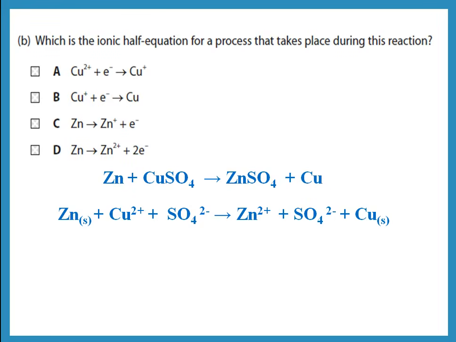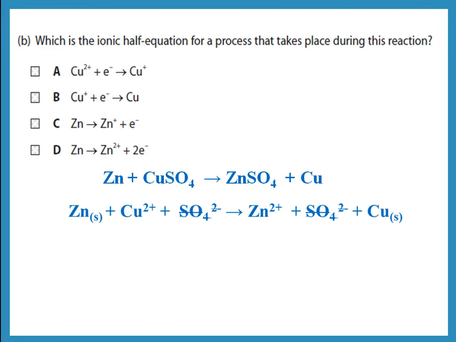So zinc is a solid, it remains as it is. But copper sulfate is an aqueous solution, so it can be ionized into copper ions and sulfate ions. Zinc sulfate is aqueous, so it will be ionized. Copper is a solid, it's not ionized. And then the next step would be to cancel whatever is the same on both sides of the arrow. So this is actually the net ionic equation that we have for this kind of reaction.